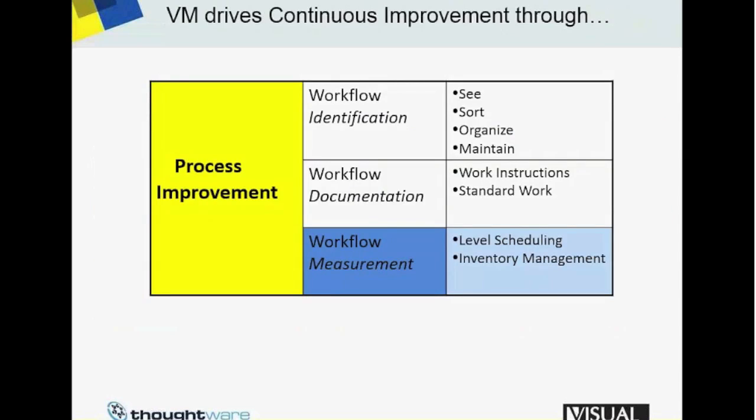And of course, we want to measure our standard work through level scheduling and inventory management. Production management boards indicate the current conditions on production lines, production results, operating conditions, and the cause for stopped lines. We want to make visible the now status of production, often called run-at-rate charts.